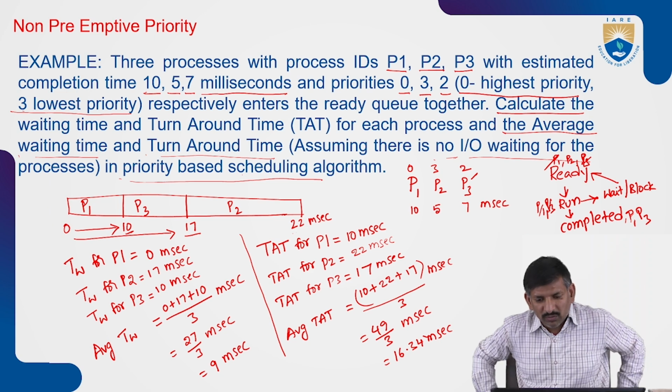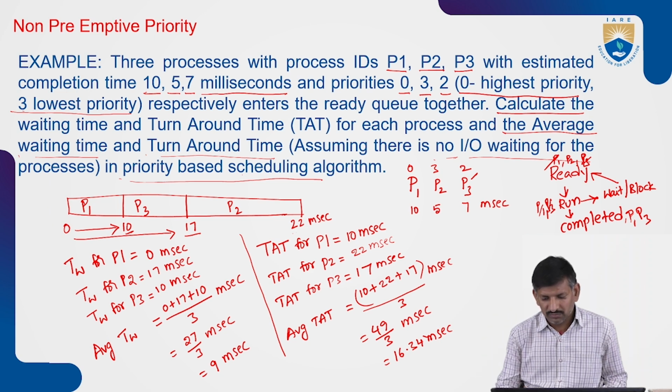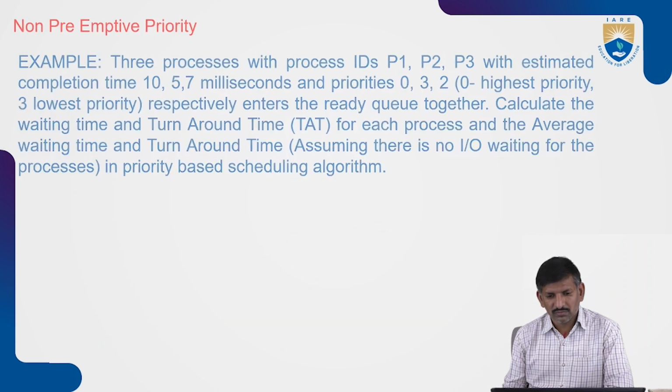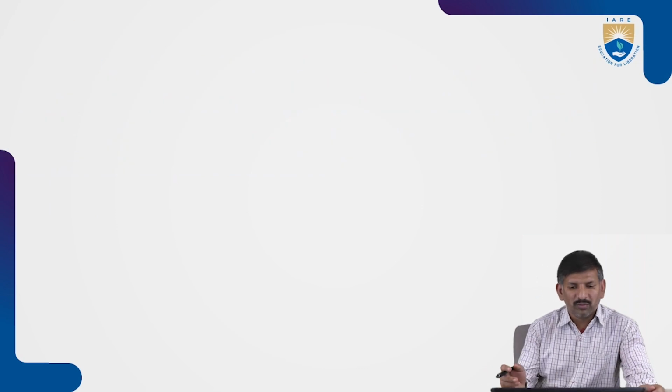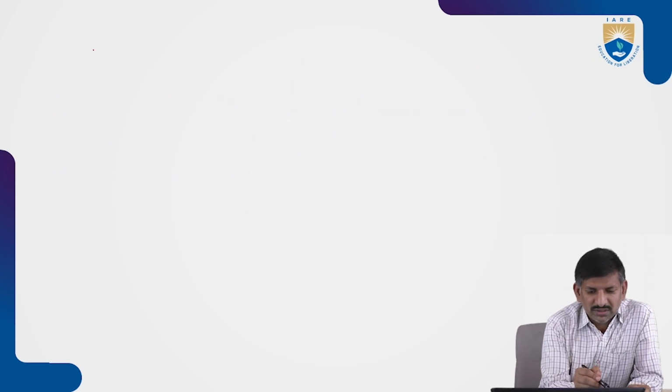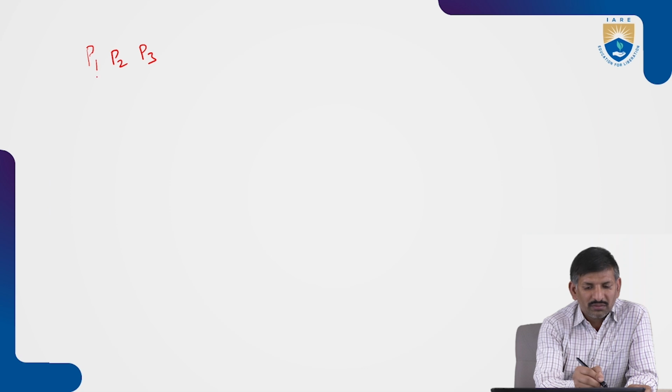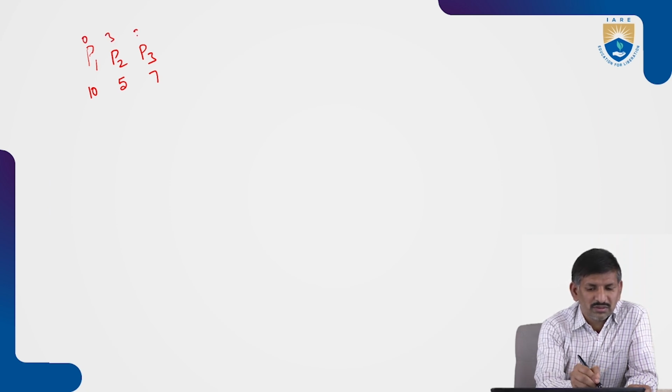Shall we take one more example? Again, I am taking one more example. 3 processes P1, P2, P3 with estimated execution time 10 milliseconds, 5 milliseconds and 7 milliseconds and priorities 0, 3, 2.